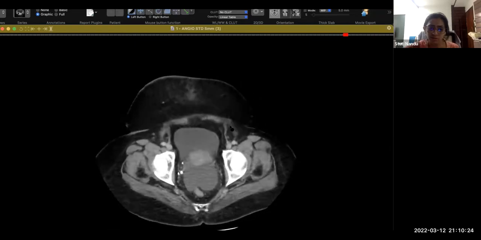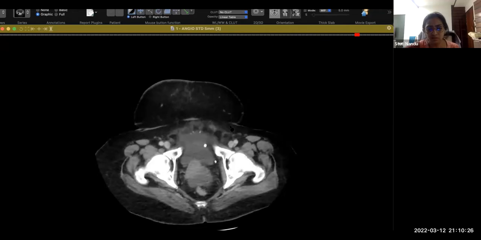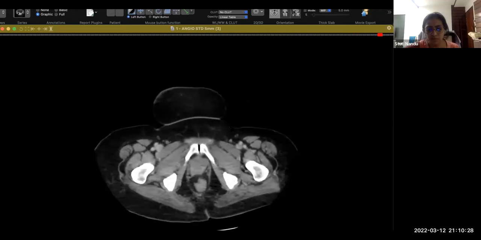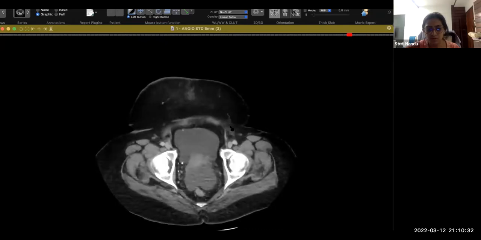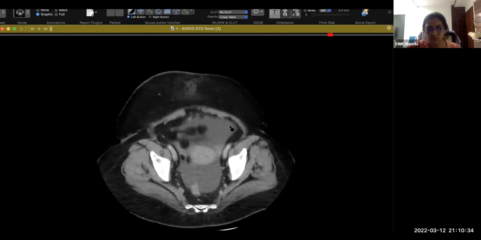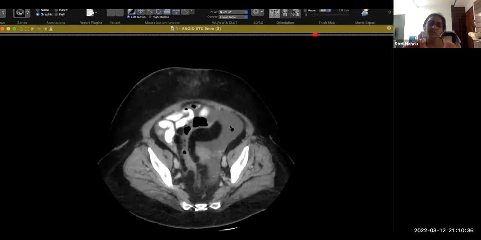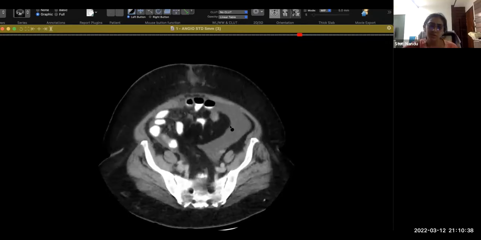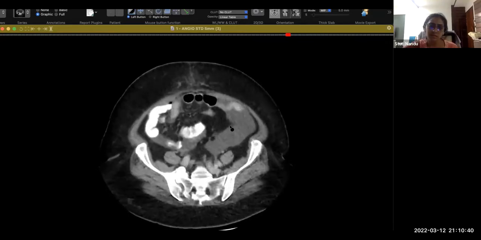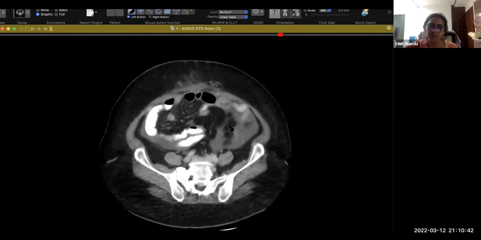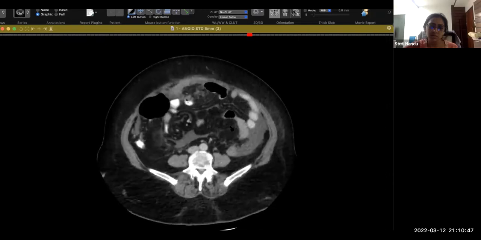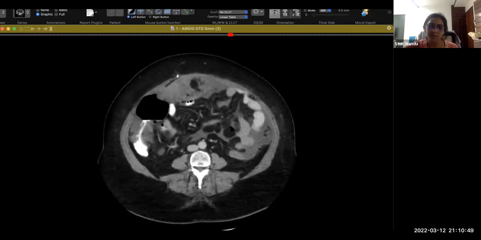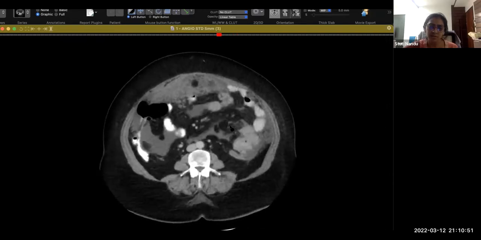This is a female patient. I'm trying to look at the site of the ovaries. I do not see any abnormal pelvic pathology here. So I suspect this to be a case of abdominal TB with also some inflammatory changes along the umbilicus in the subcutaneous tissue.